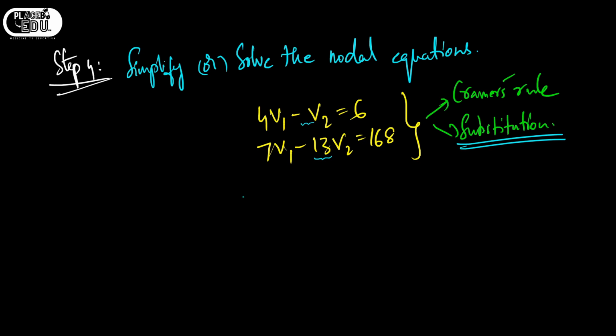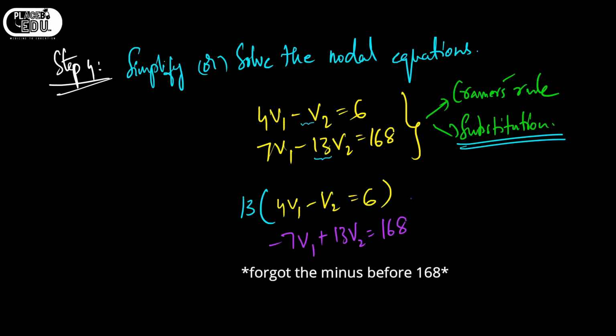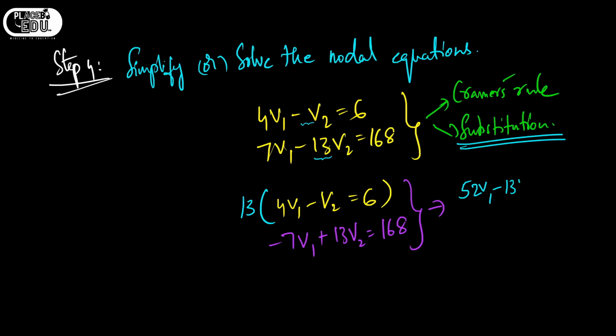So I multiply 13 with the first equation, and I subtract the second equation from it. 13 fours is 52, so 52V1 minus 13V2, and 13 sixes is 78.